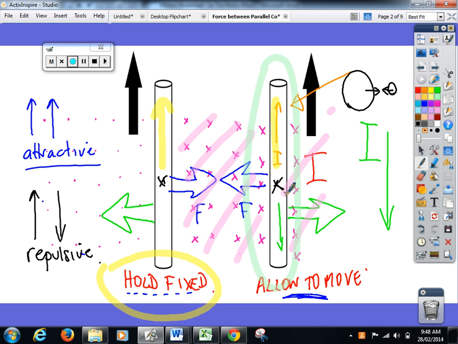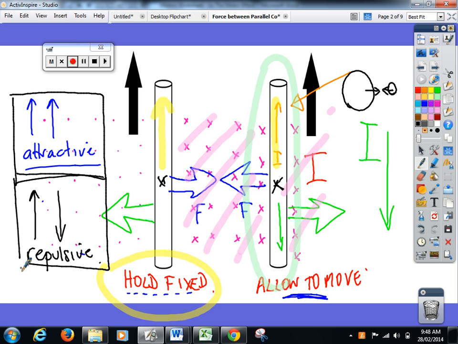Then, if you don't like that, you can simply make the other one fixed and the other one allowed to move. You can reverse the whole process, it takes longer. And then you come up with the idea that if the two currents are in the same direction, they are attractive. If the two currents are in opposite directions, they are repulsive. Now you don't need to do two diagrams to get the second one.